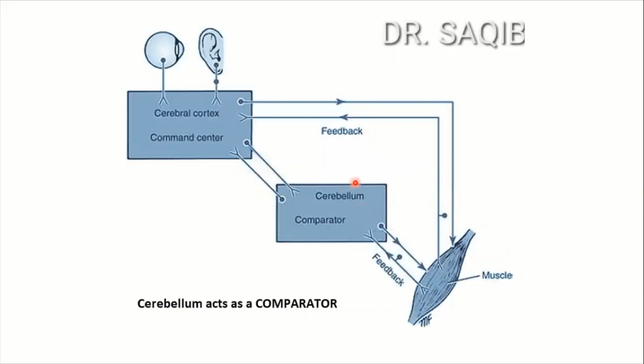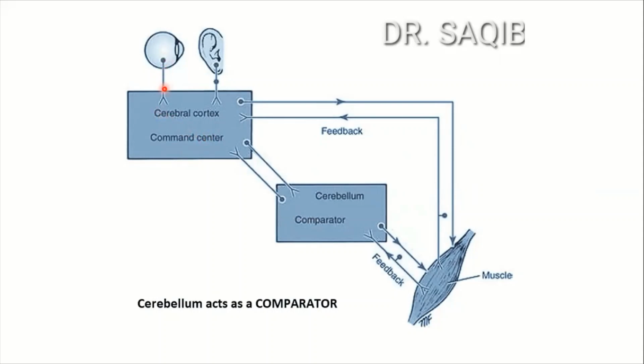Here you see a very important picture. This is the cerebellum acting as a comparator. This is the cerebral cortex, and this is the command center. This is the comparator cerebellum, and this is a muscle, right? Its function is to produce contraction to bring movement, for example. From here you see the command center.